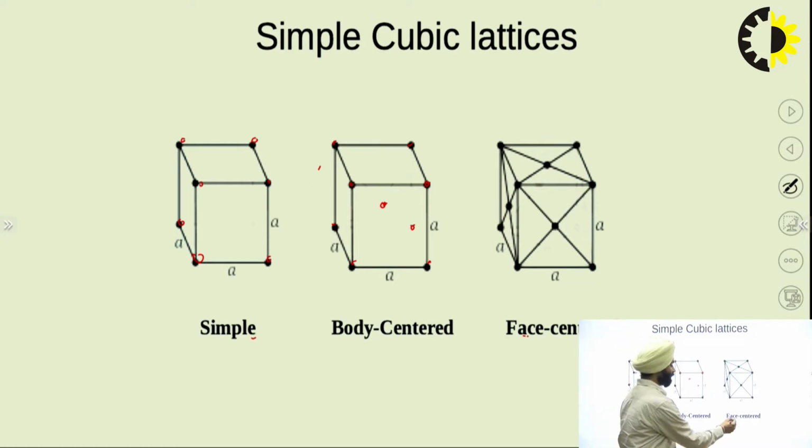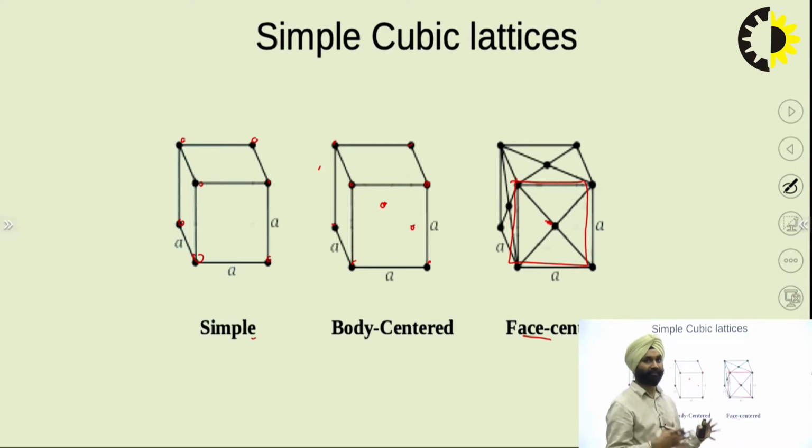The next type of structure needed for our crystal growth is the face centered. Now imagine a box, and on the face of that box there is an atom. For example, this is a face of this unit cell, and an atom is at this point, so it is at the face of the whole unit.